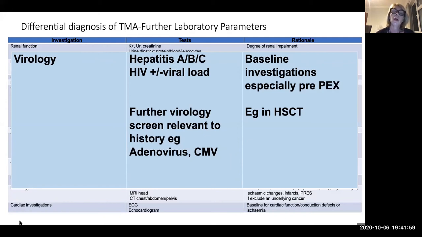We do a virus screen on admission, and there's a number of reasons for that. So we do the hepatitis A, B and C and HIV, and we may or may not do the viral load for HIV. We do it because we're going to give you a large volume of blood products in the form of plasma exchange.